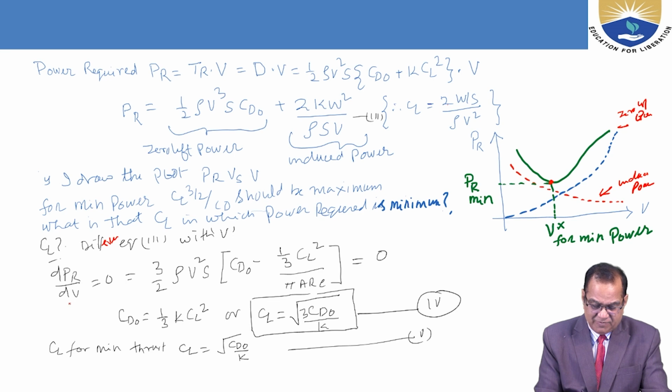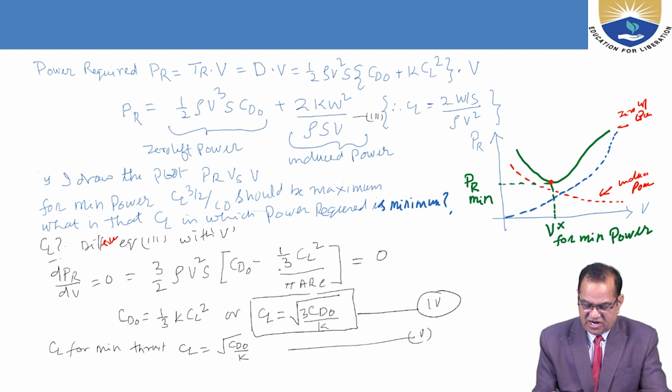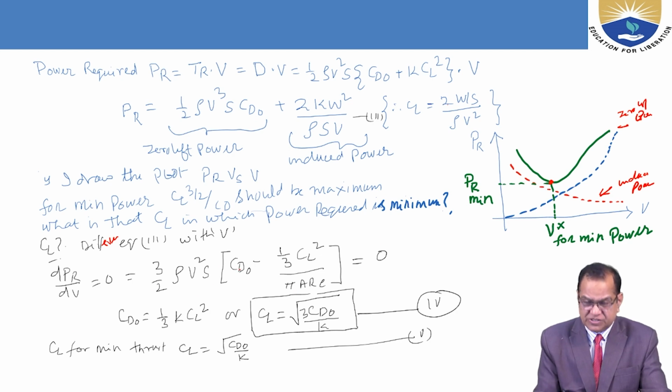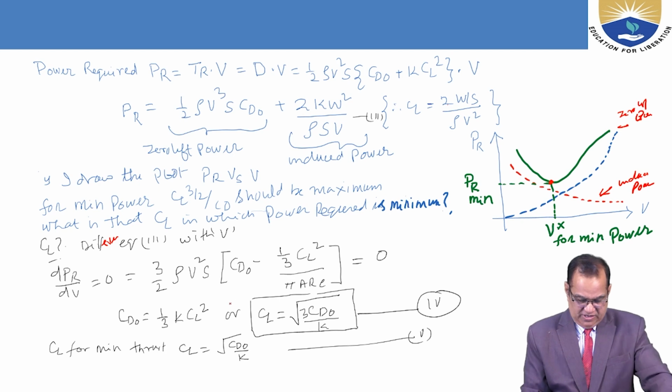So here dPR by dV is equal to 0. So 3 by 2 rho V square S CD naught minus 1 by 3 CL square by this. Now this all will be 0. CD naught minus 1 by 3 CL square is equal to 0.